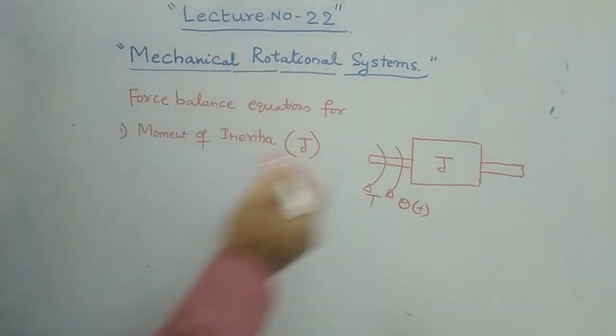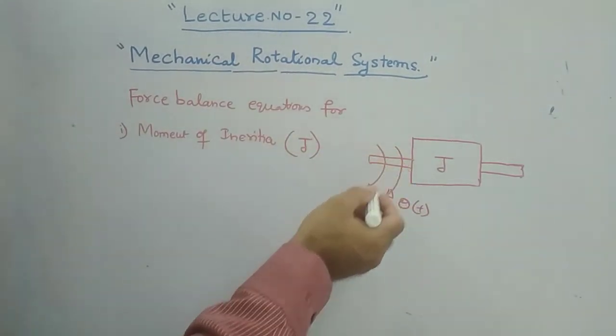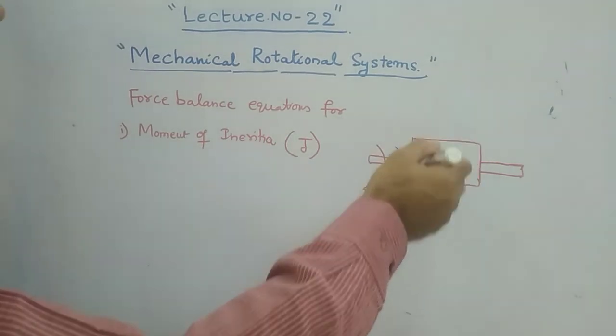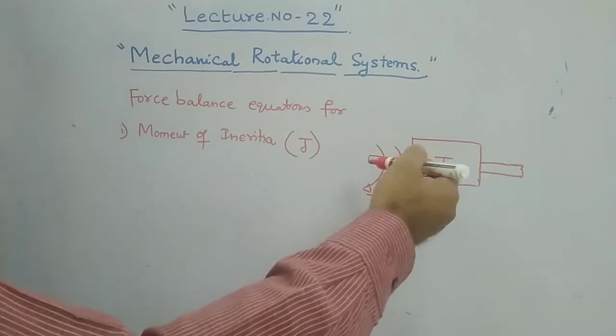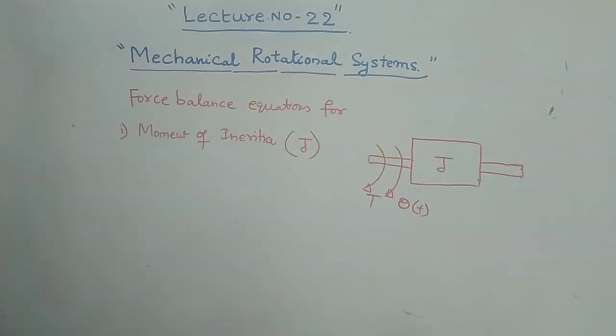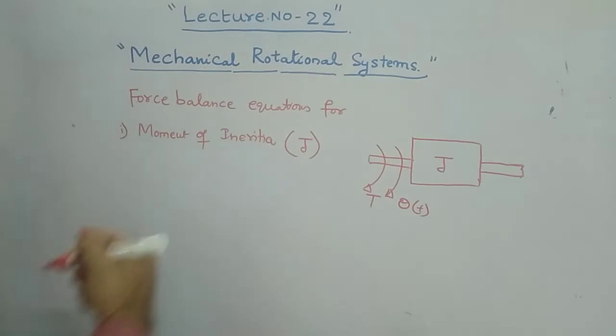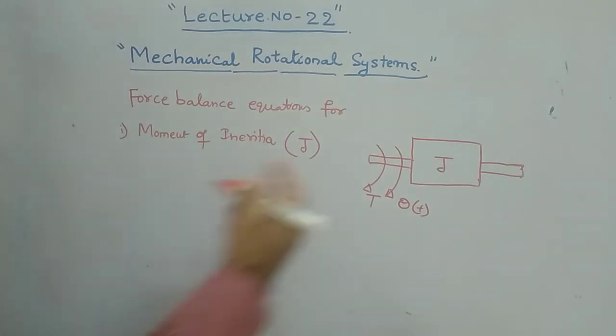Here it is represented as J. Therefore, whenever some torque is applied on this body, then this J will also oppose with some equivalent opposite force, or you can call it opposite torque also.